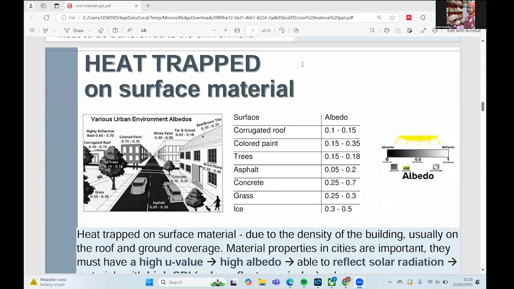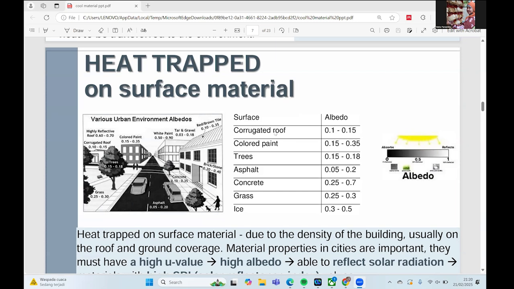So this is the albedo I already talked about previously. In some Asian countries, they like to use corrugated roofs, color paint. We always have a preference for dark colors.